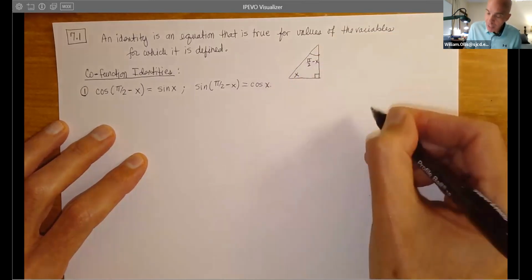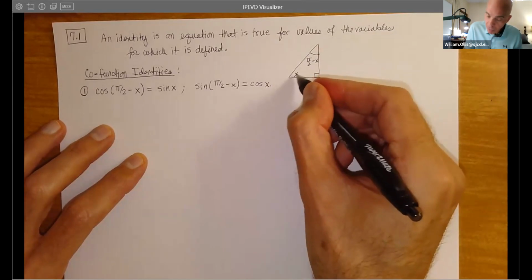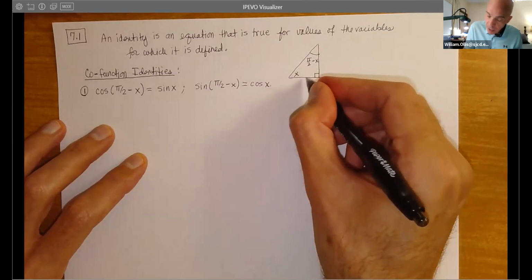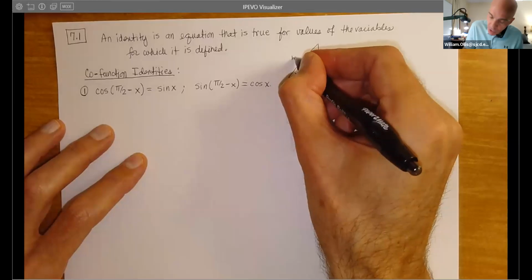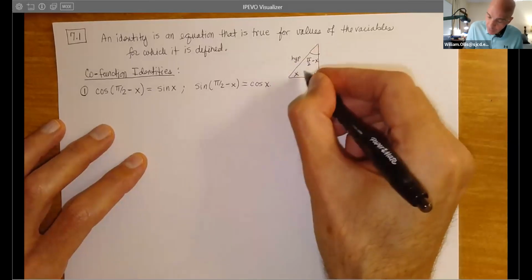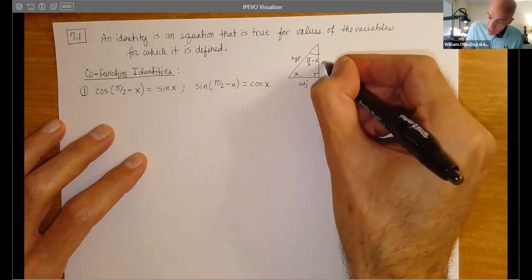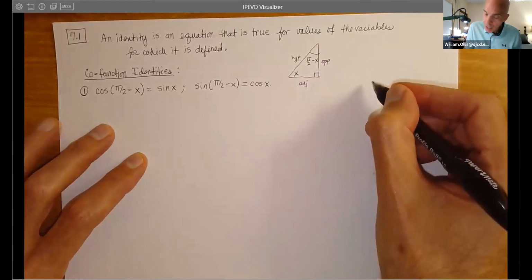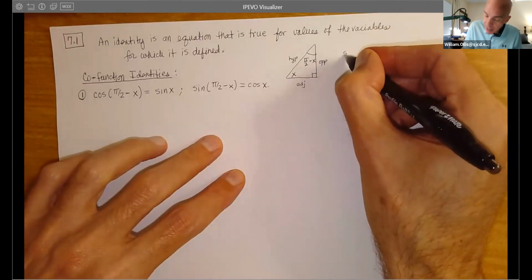You can use degree measure, it's the same. And so for x, we might want to think of this as, you can use anything you want. Let's just say hypotenuse. And for x, we'll say adjacent. And the opposite, OPP.